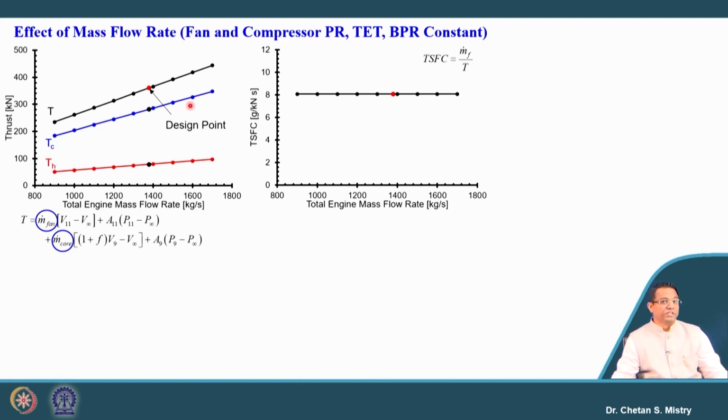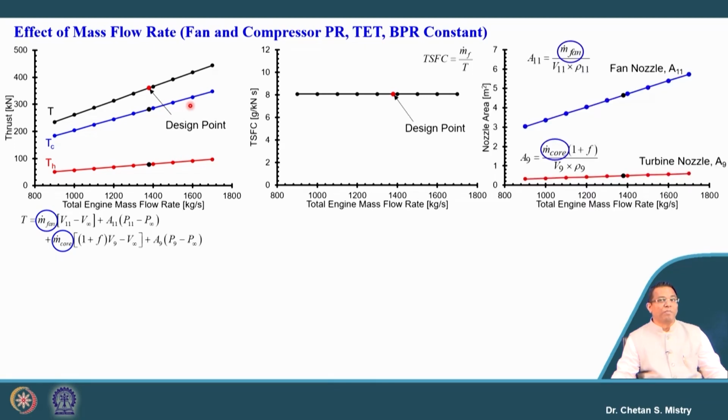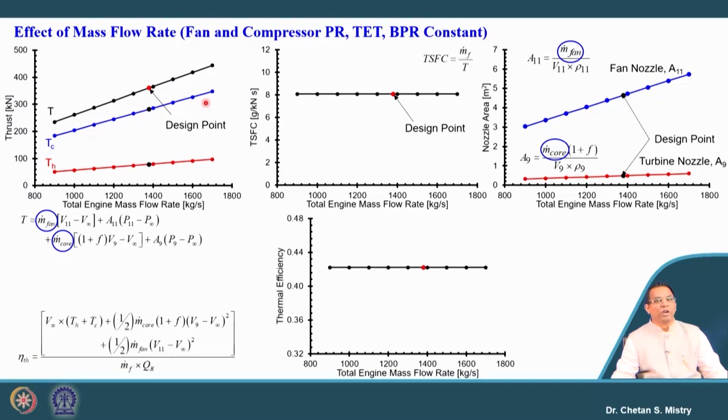Similarly, if we are discussing the change of nozzle area, since my mass flow rate is higher, with the increase of the mass flow rate, my nozzle area will be larger in order to handle that mass flow rate. Okay. And the thermal efficiency almost remains constant with the increase of the mass flow rate.